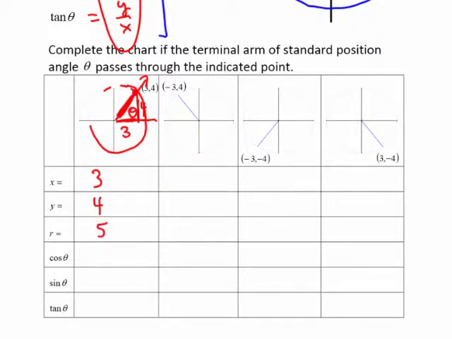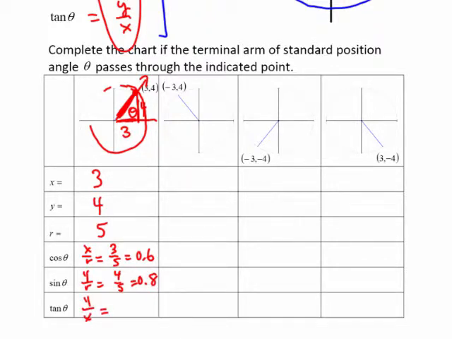And so cosine is x divided by radius, so it's 3 divided by 5. Sine is the y-coordinate divided by the radius, 4 divided by 5. And the tangent is the y divided by the x.